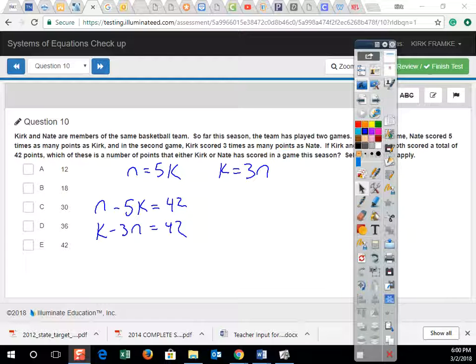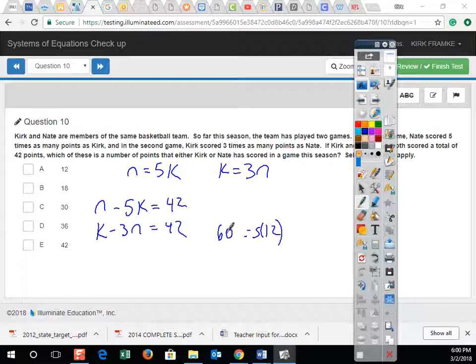So let's start with the first one. Let's say 12. So 12 is the smallest number of points, so that would have to be here. So if Kirk scored 12, it's 12 times 5 is going to equal 60. That doesn't seem right.